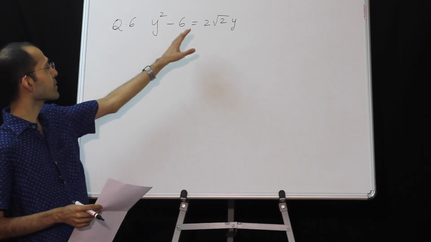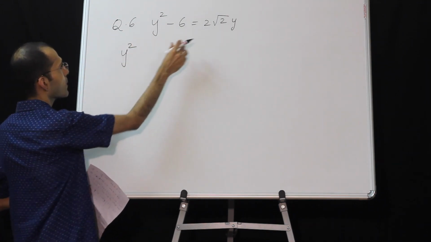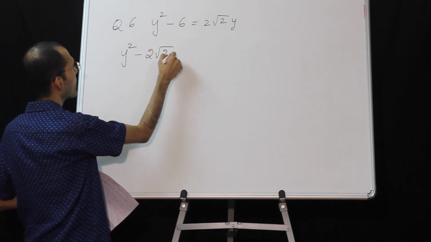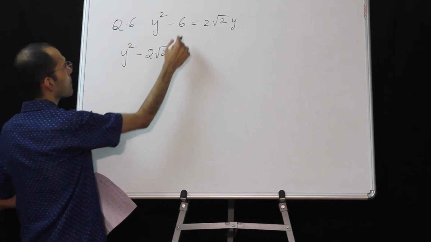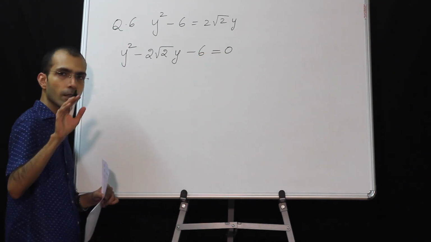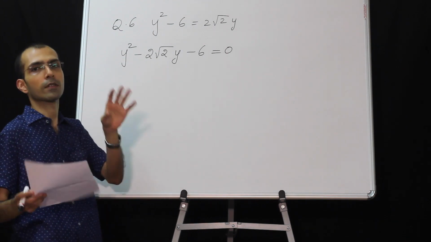This is not arranged in the standard form. So y square, get the y term in the middle, minus 2 root 2y minus 6 is 0. Arranging the equation in the standard form is the most important, else all the subsequent things go wrong.